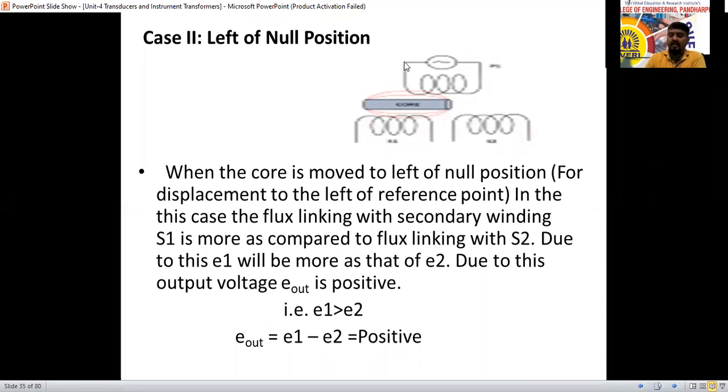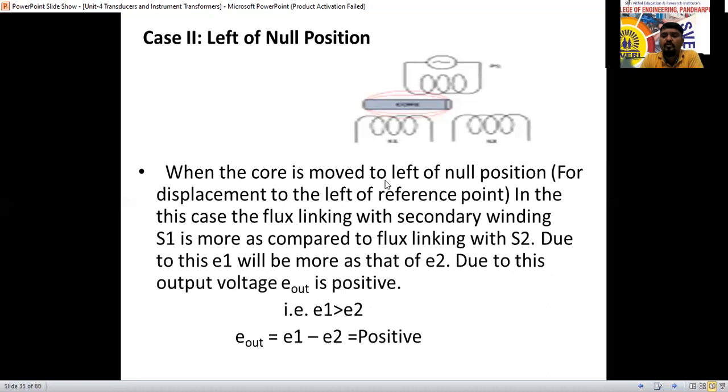In that situation, what is the net output? Will the net output be positive or negative? Positive, because we know the formula, that is E1 minus E2. E1 is positive, E2 is negative, so the greater value sign we are going to use. So the output is positive.